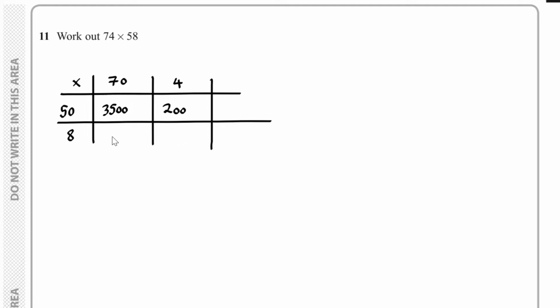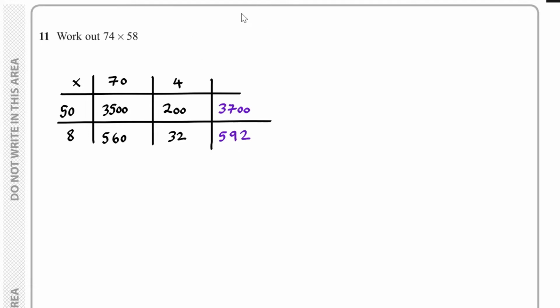70 times by 8, that will be 560. 8 times by 4, that will be 32. And if we add these together, 3,500 plus 200, that's 3,700. 560 plus 320, that's equal to 592.